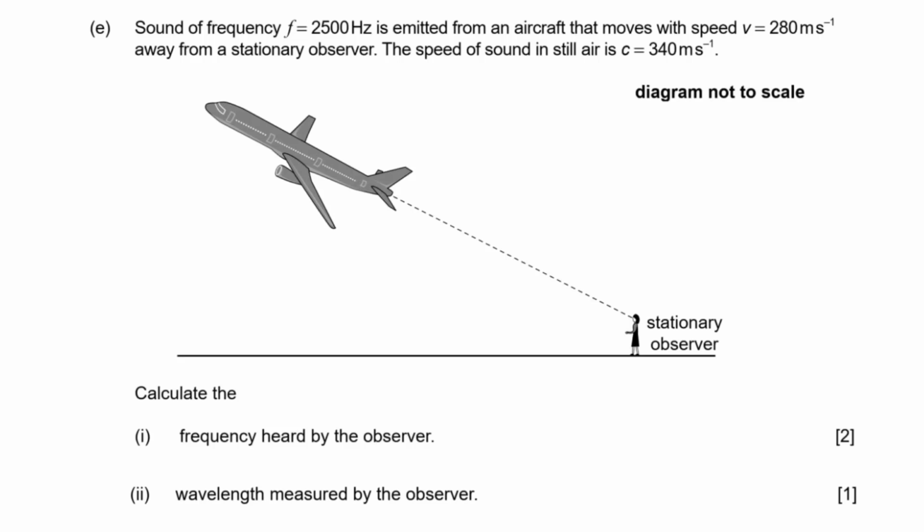So when reading a problem about sound frequency and movement, approaching or moving away from an observer, we will think of the Doppler effect. The Doppler effect is the change in frequency of a wave. It could be a sound wave, it could be a light wave.